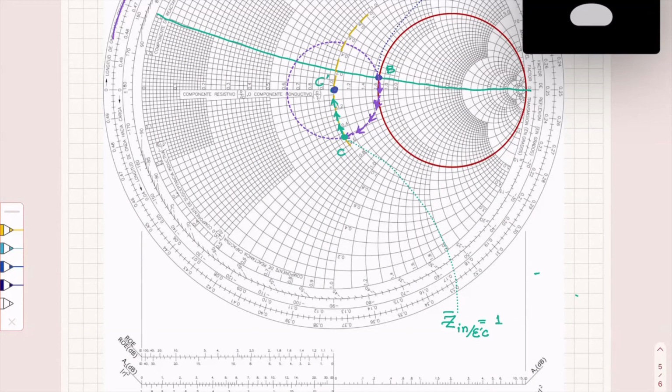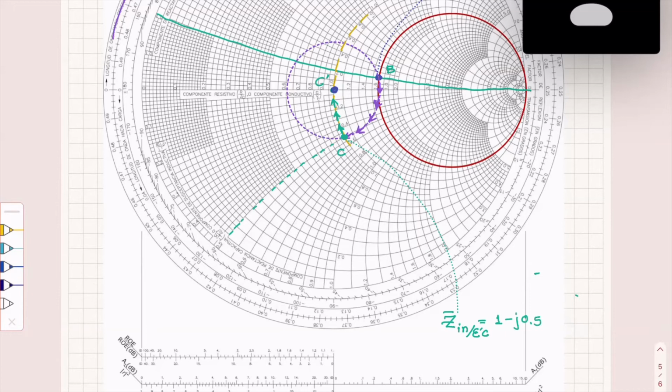The real part is going to be 1, and the imaginary part from here is going to be minus j 0.5.